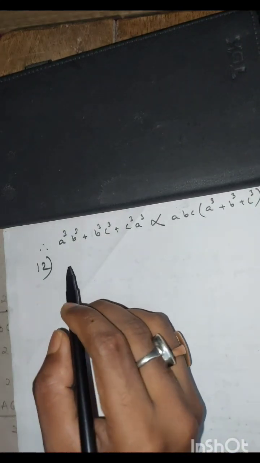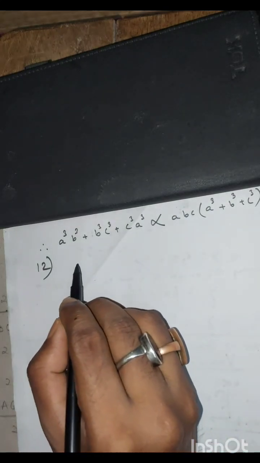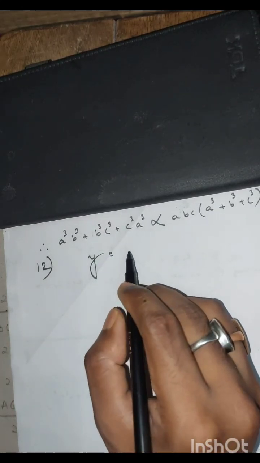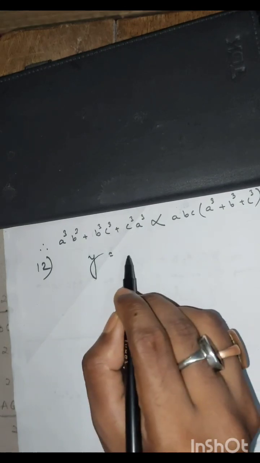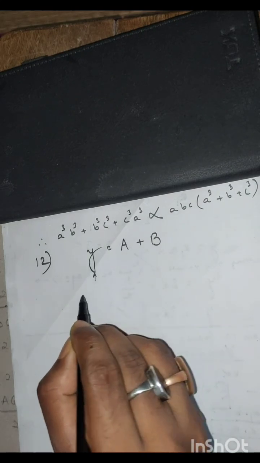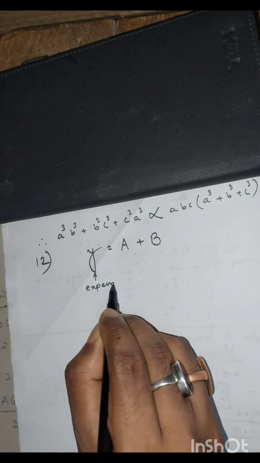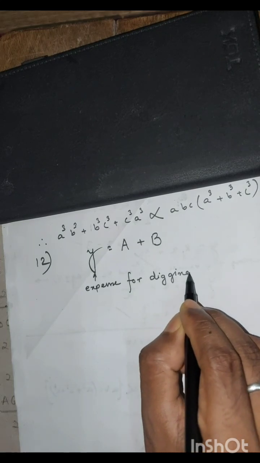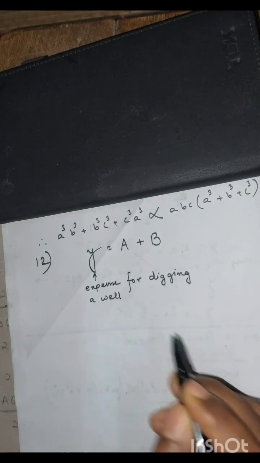So the question says, let us assume the expense for digging a well is y, and it is divided in two parts, A and B. Expense for digging a well, that is y.